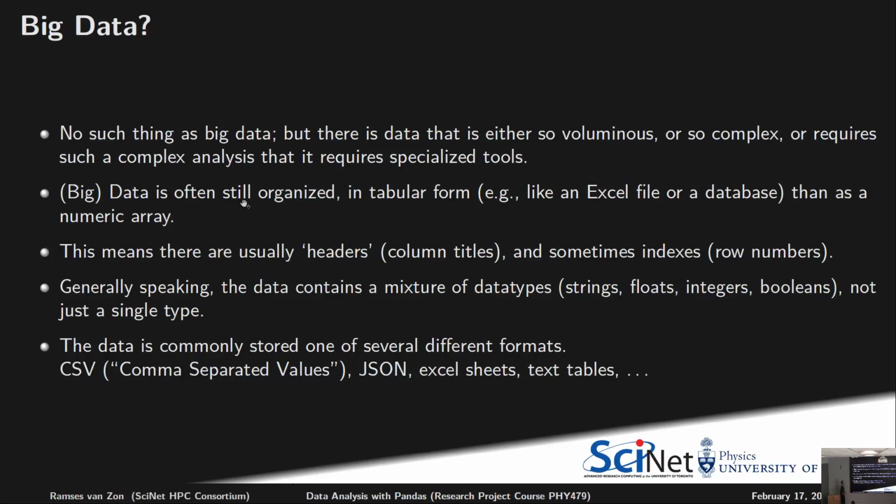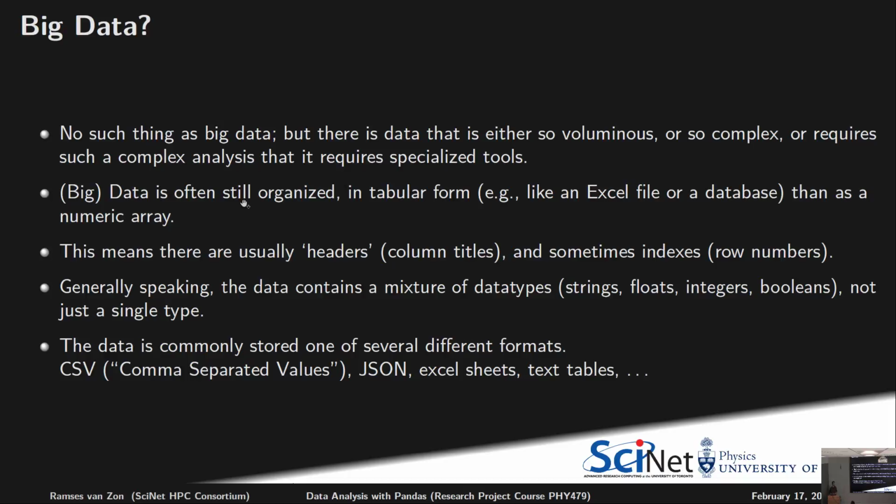Basically, you think of it as an Excel file where you have columns and rows, and each column could have a label saying this column means that, and this row means that. And thinking of it in that way is the approach that Pandas takes. So not all data might come initially in that form, but a lot of data can be put in a tabular form to help you manipulate it and make sense of it.